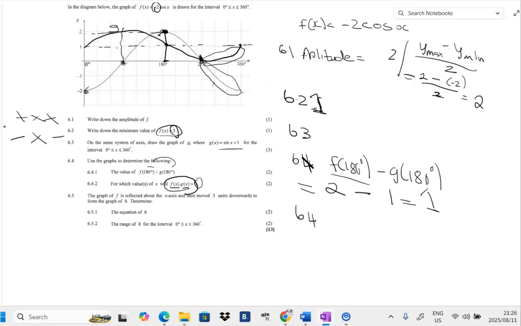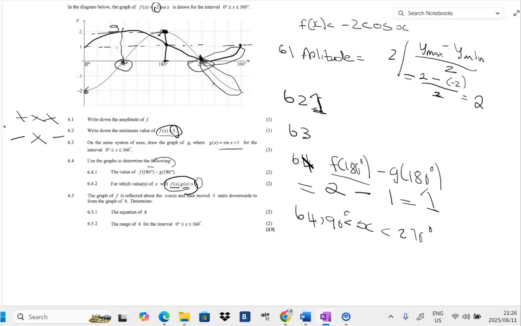We only have both of them positive from 90 to 270. So the x values are between 90 degrees and 270 degrees.